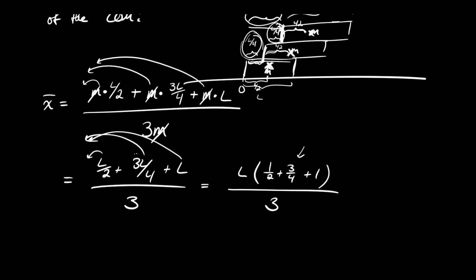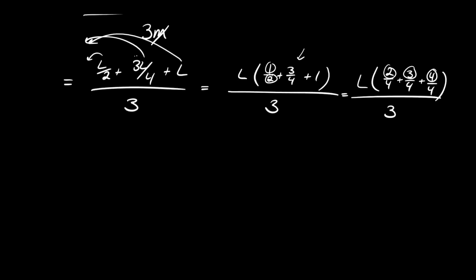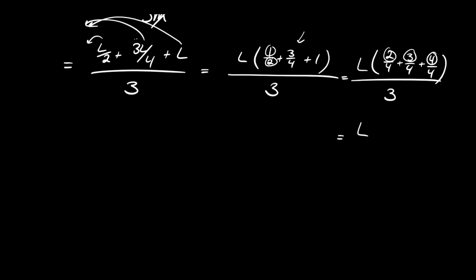So we're going to need to go to least common denominators here. So we're going to convert 1/2 into 2/4, and then 1 is 4/4. Let's see, we have 2 plus 3 plus 4, and they're all over 4, so I'm allowed to add the numbers. 2 plus 3 is 5, plus 4 is 9.